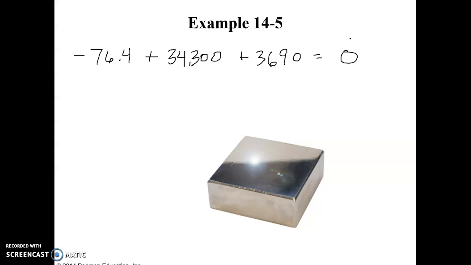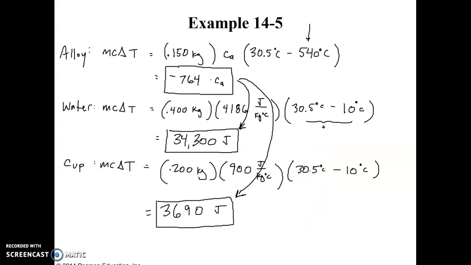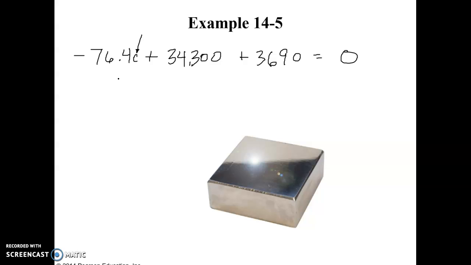That equals 0. Actually, hold up. I forgot to put in the C. That's the specific heat of the alloy. That's what we're wanting to find. So let's just back up here. It should be negative 76.4 C plus 34,300 plus 3,690. So I forgot the C there. And so that's what we need to solve for. That's what we're trying to find, the specific heat of this new alloy.